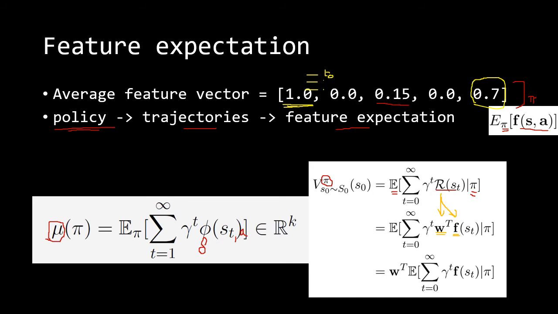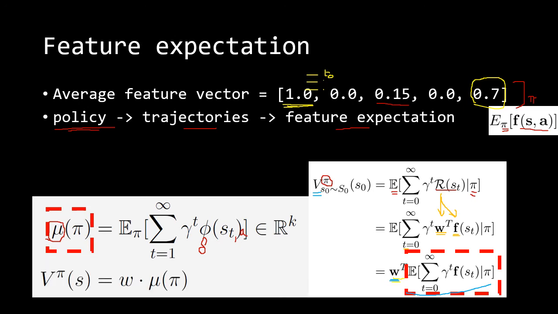And then you notice that t is only inside f, so you can take w out, and then the term that remains over there is nothing else but mu. In other words, we have managed to express the value of the state as a function of the weight vector and the expectation on the feature vector.